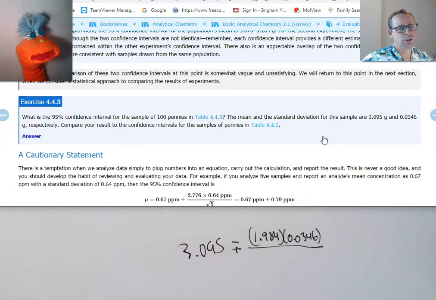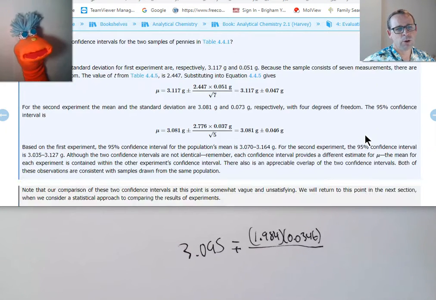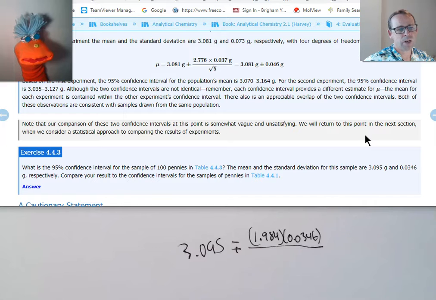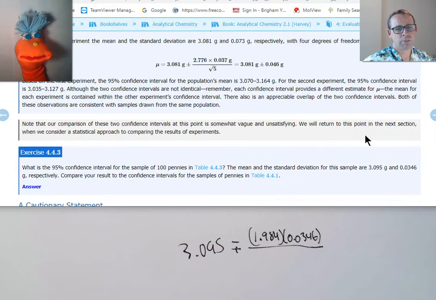Wait a second. Did I do that t-value right? I think we made a mistake there, didn't we? It's not quite 1.984. It's supposed to be n minus 1, so for 99. But we don't have that on our table. There are ways in Excel to find the t-value if you don't have a table like this, so we'll talk about that in a bit.